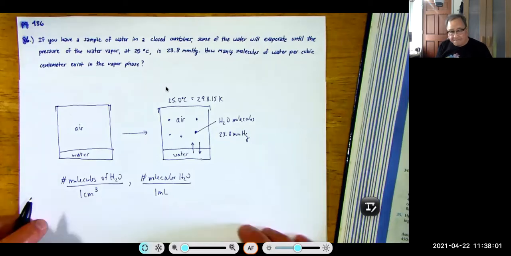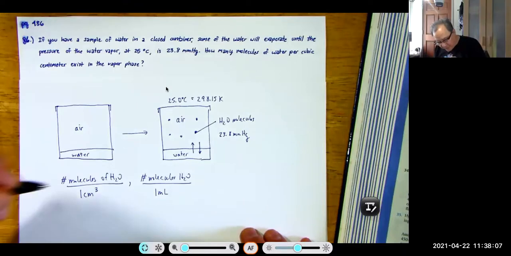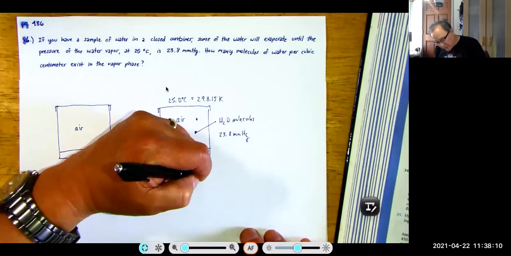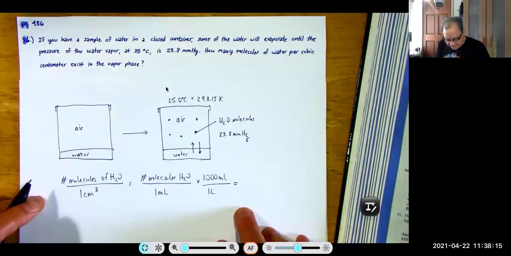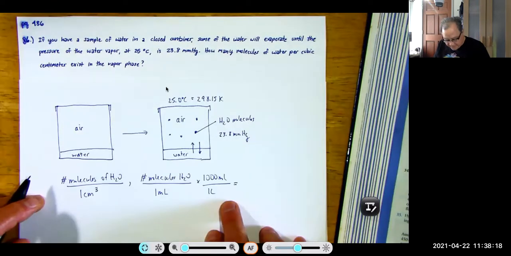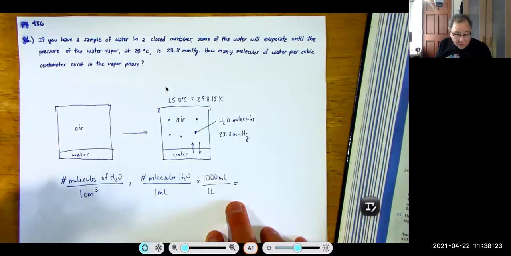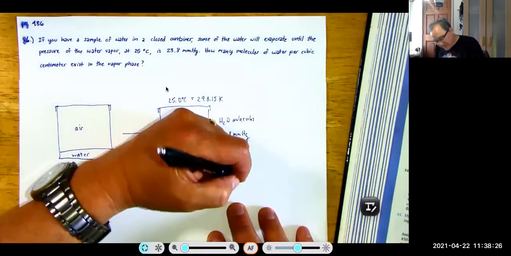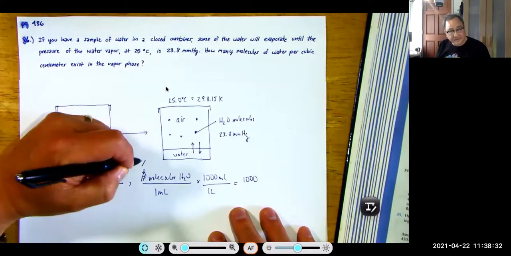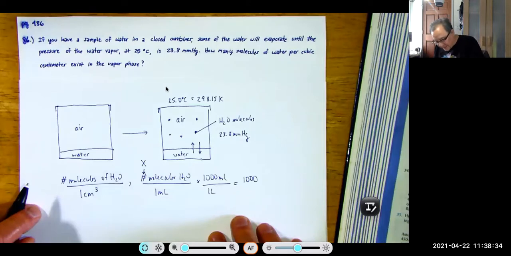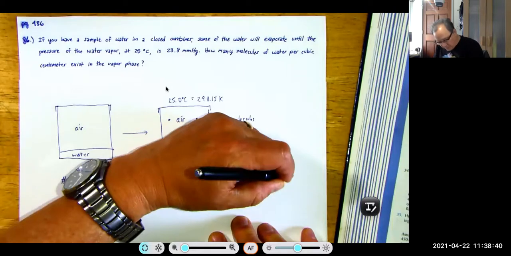Why is that? Because you normally work with liters. Right. So what I'm going to do is multiply by 1,000 milliliters over 1 liter. So 1,000 times the number of molecules per liter. For this number of molecules, I'm going to use the letter X. So 1,000 times X molecules of H2O per 1 liter.